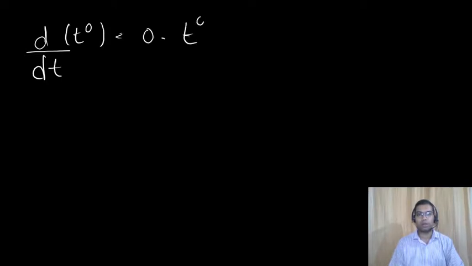And now we have d by dt, the last one, as t power 0. So it becomes 0 into t to the power 0 minus 1. So 0 into anything is 0.